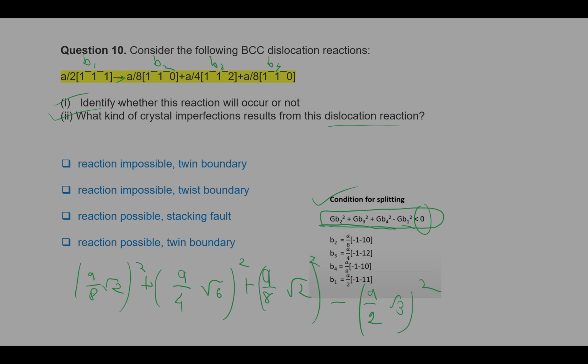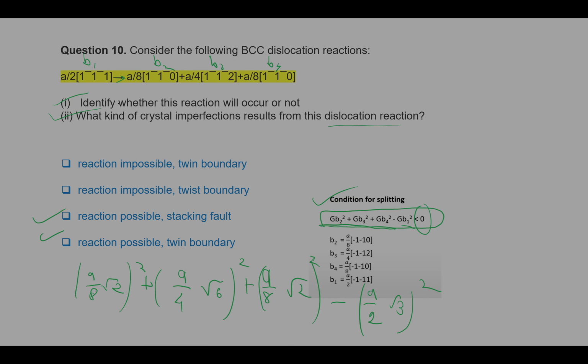After calculation it will come lesser than 0. So the reaction is possible.